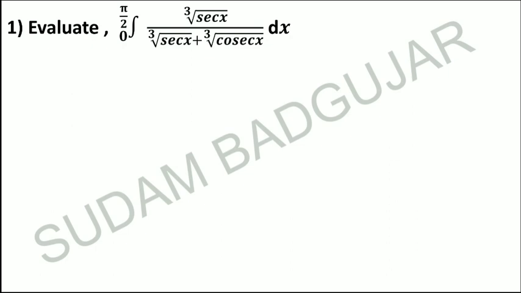Here the lower limit is 0 and the upper limit is pi by 2, that is, suppose a. So for this sum we have to apply property number 4. This sum has 2 methods, one is the traditional method and another is the shortcut method. Students, first I will show you the traditional, that is board method, then I will give you the shortcut answer.